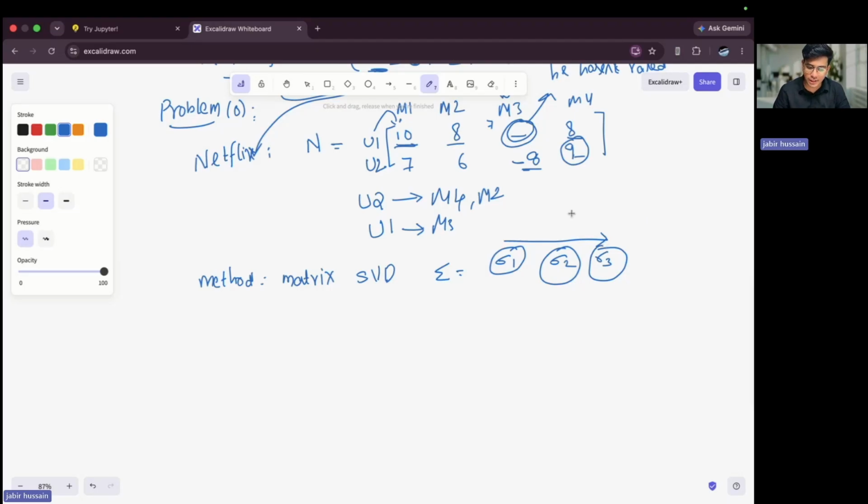So what we do is remove this least thing, because it is insignificant. I'll show you how insignificant it is. How can we tell that sigma 3 is insignificant and doesn't matter? How do we prove that? I'll show you, but this is what we do. We only consider the top k, which has the highest significance, and from this top k we build our new matrix, which is U of k cross sigma of k cross V transpose of k.